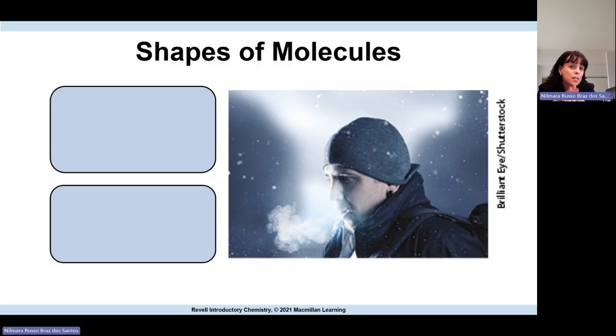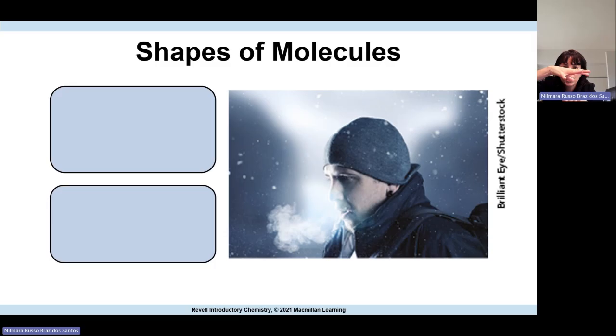So around this center element, I have a pair of electrons that are non-bonding. And of course, all the atoms have electrons. So electrons are negative charge. What happens when you have 2 of the same charge? They repel each other, right? Good, perfect.